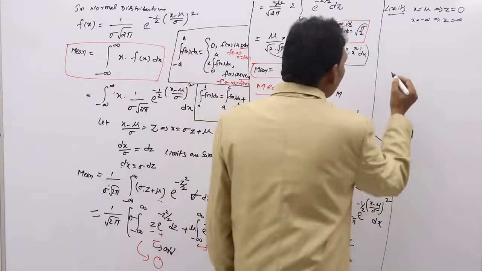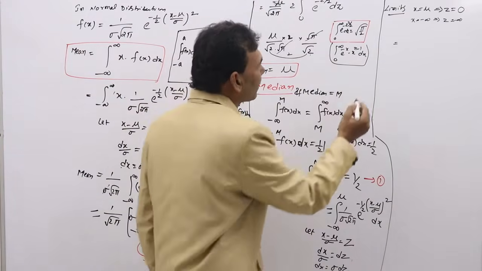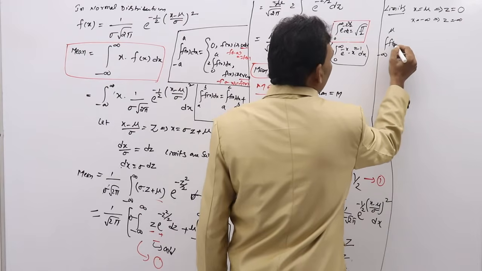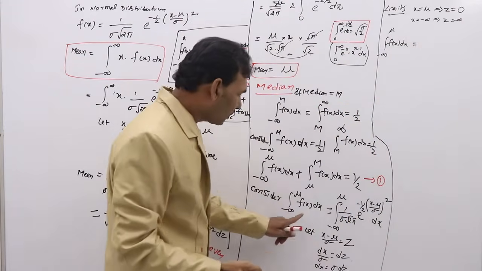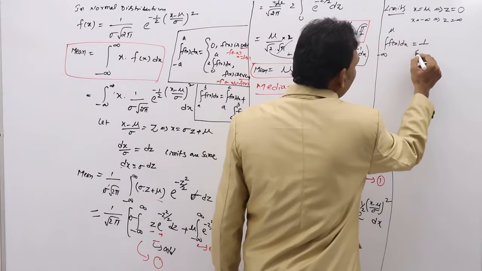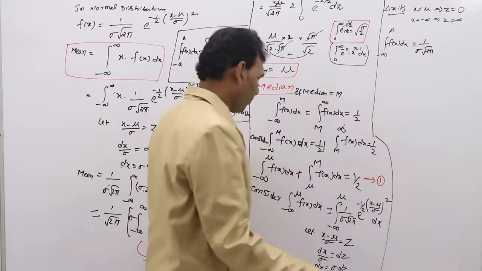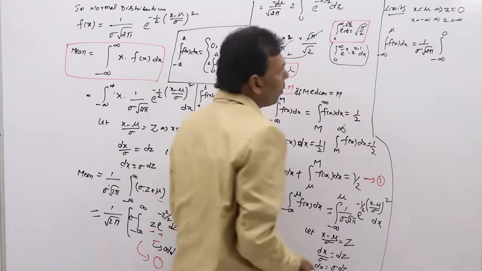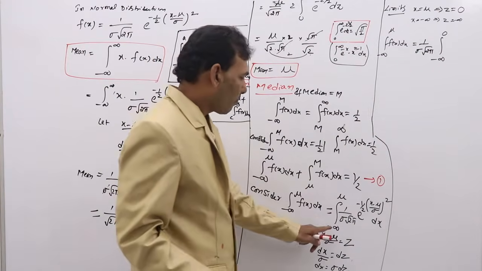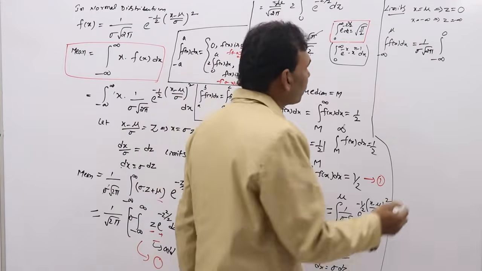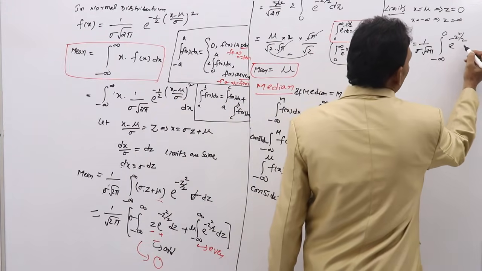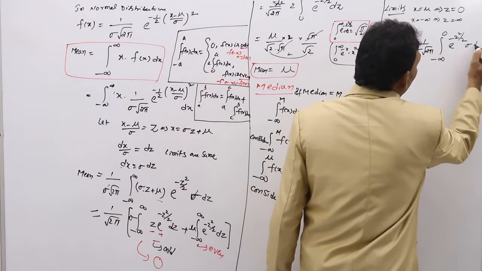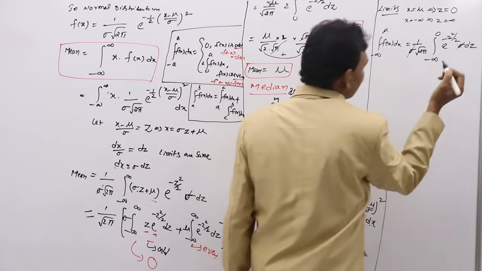So now with the new limits and new substitution, I am evaluating the integral from minus infinity to mu of f of x dx. 1 by sigma root 2 pi is a constant. Integral from minus infinity to 0, since mu is 0, e to the power of minus z square by 2, and dx is sigma dz, so sigma gets cancelled.